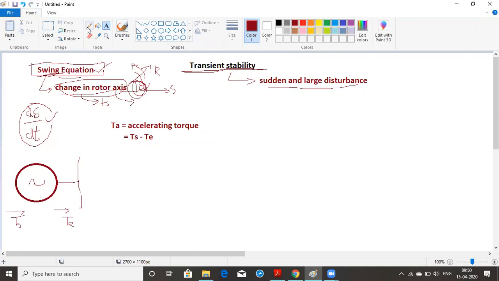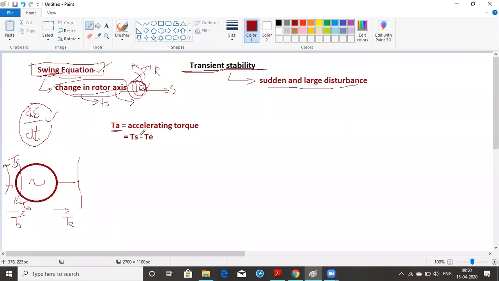You already know that the directions of the shaft torque and the electrical torque are opposite in the case of generators. So shaft torque minus electrical torque will give you the accelerating torque.